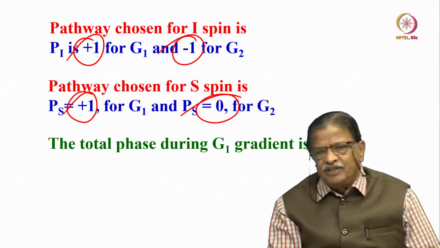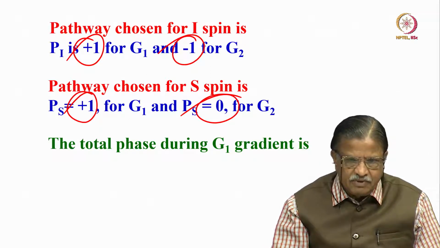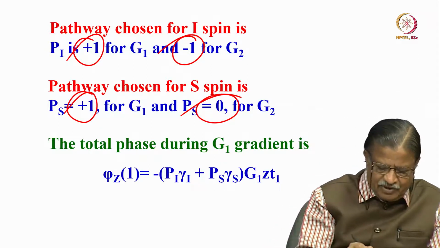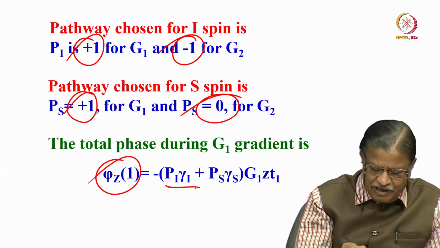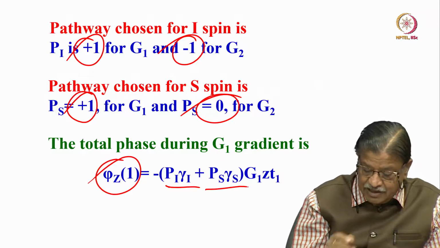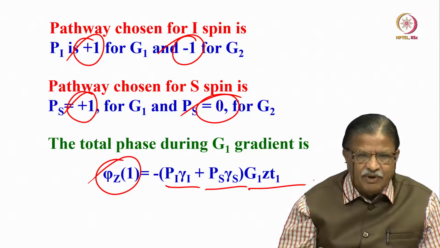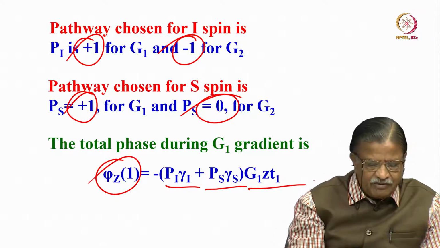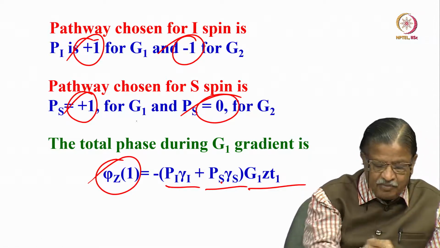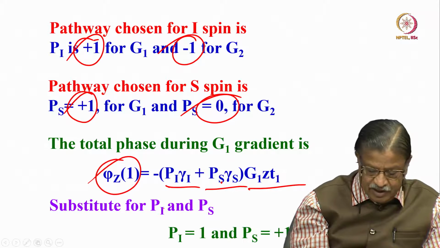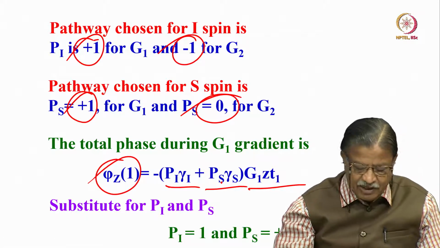What is the total phase during G1 now? That is, the total phase during this G1 is phi Z, phi is equal to minus of Pi gamma I plus Ps gamma S into G1 Z T1. Plug in the values now. What is Pi for G1? It is 1, and Ps is equal to plus 1.